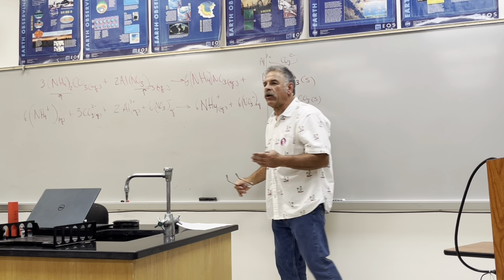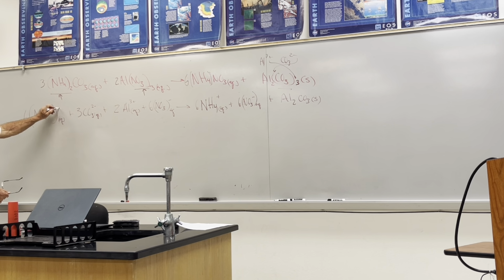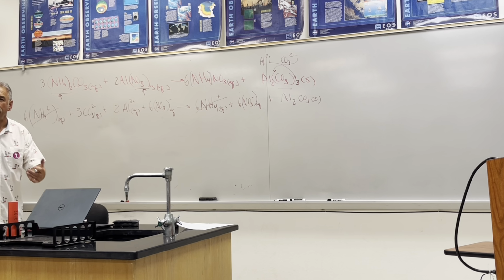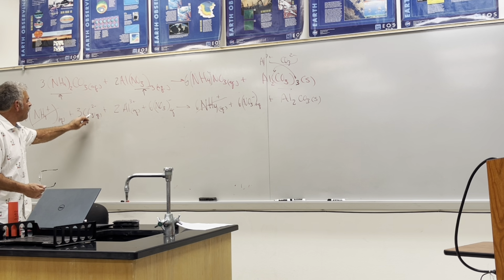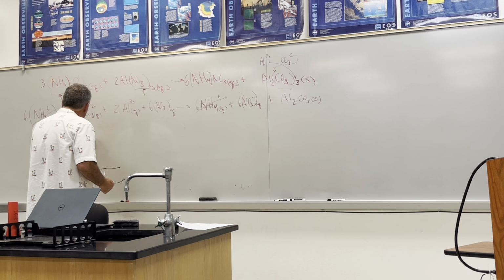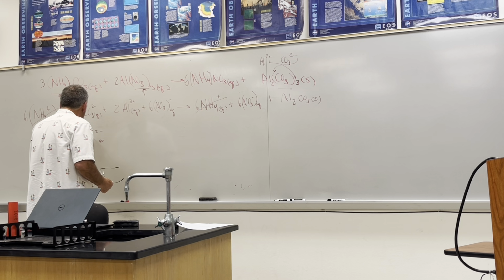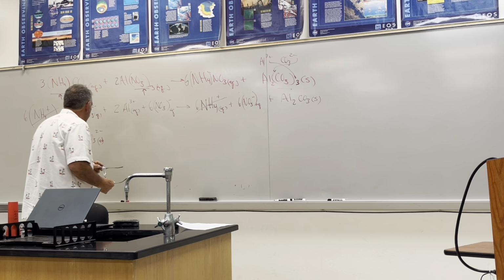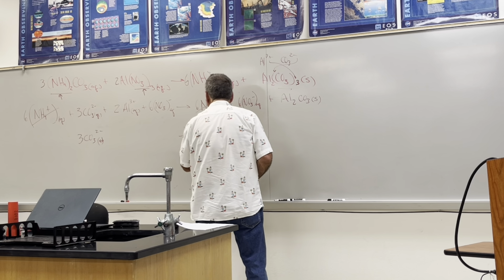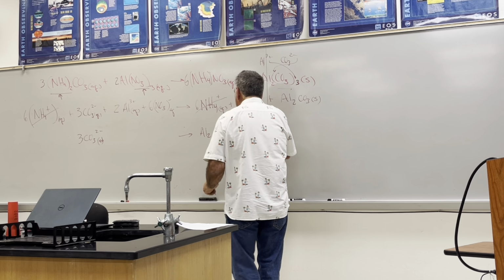Now, to get the net ionic equation, that's just the reactant parts. So anything that's the same on the reactant side and the same on the product side cancels out because they're still in solution in that beaker. Then we have 3 CO3 2- aqueous, 3 carbonates, aqueous, and it's Al2(CO3)3, aluminum carbonate, on this side. So that's a change, right?